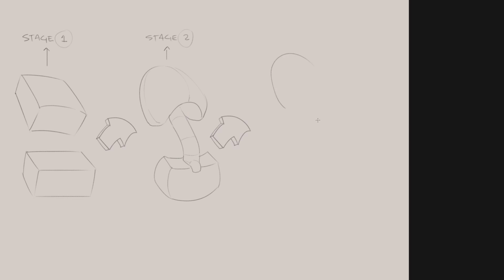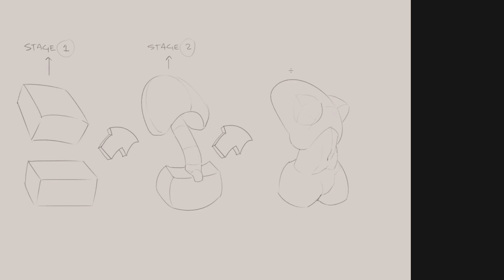So stage one is very rudimentary, like using modified geometry, simple cubes. Stage two is where you start to modify those forms and combine cubes and cylinders together. You're also modifying the connection points.